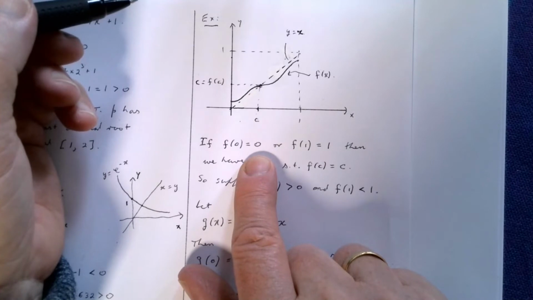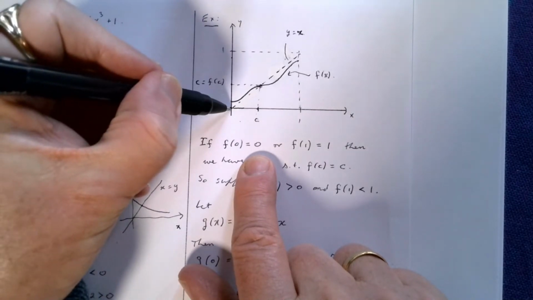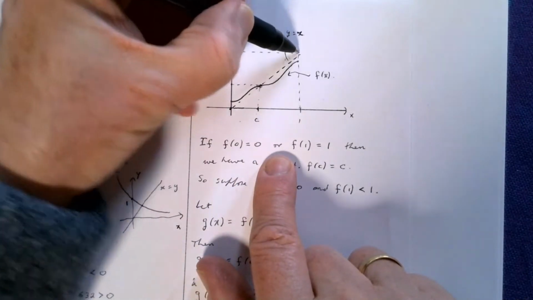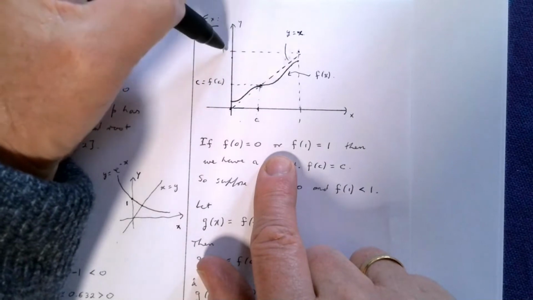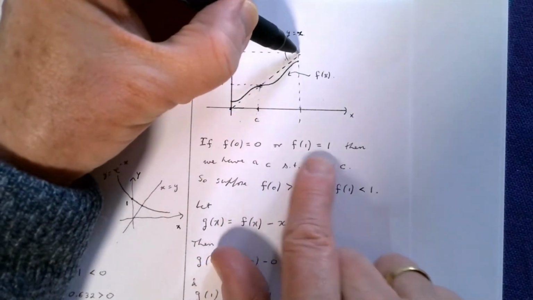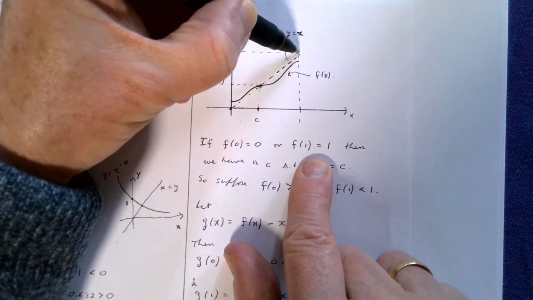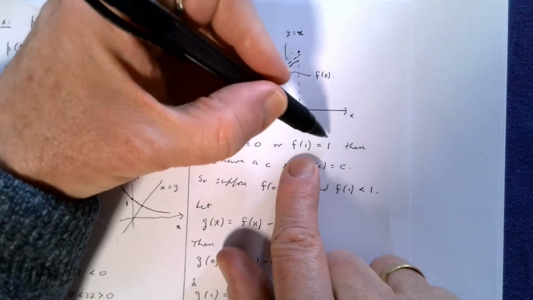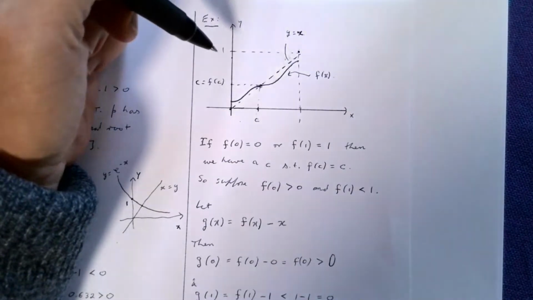I just take c to be 0. Or, if it happened to go all the way up to here, if f of 1 was equal to 1, well, then again I'm finished, because now I've found a c. In this case it's 1, so that f of c equals c.